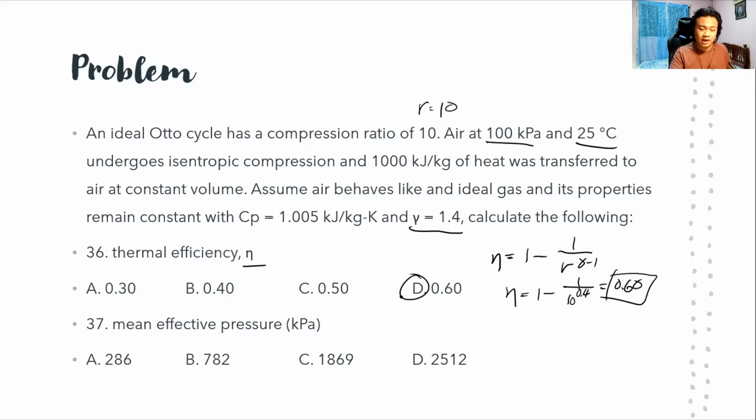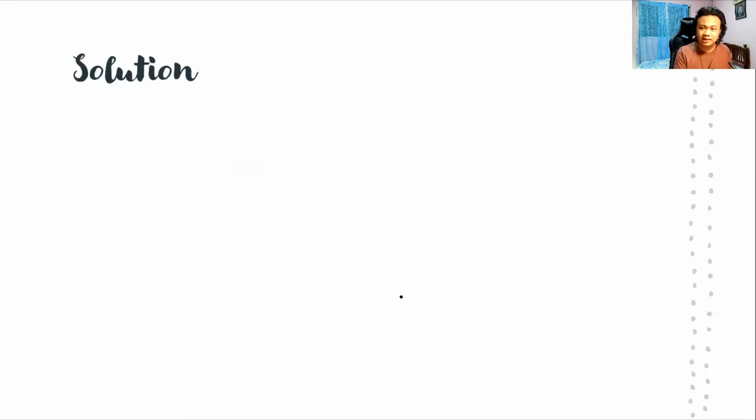Okay, so mean effective pressure is a lot harder to get. So let's draw it here. An Otto cycle, Otto engine looks like this. You have to draw the PV diagram and TS diagram of it. Okay, so that's really important for you to familiarize these diagrams.